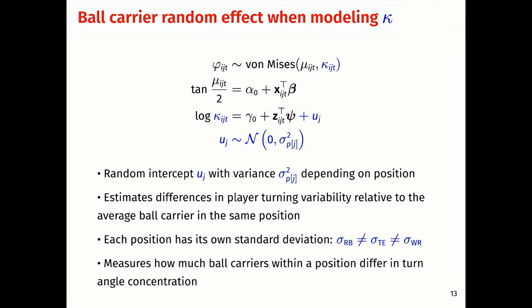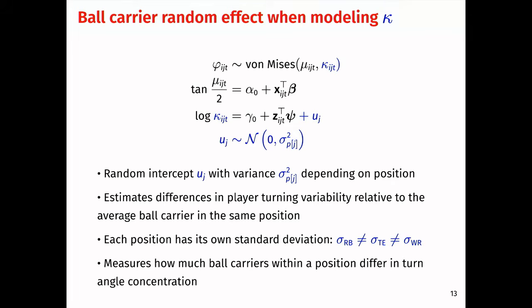Here also note that each position group has its own standard deviation. So we have one sigma for running back, one for tight end, and one for wide receiver. Each of these sigmas effectively measures the variation in turn angle concentration among players within a given position.